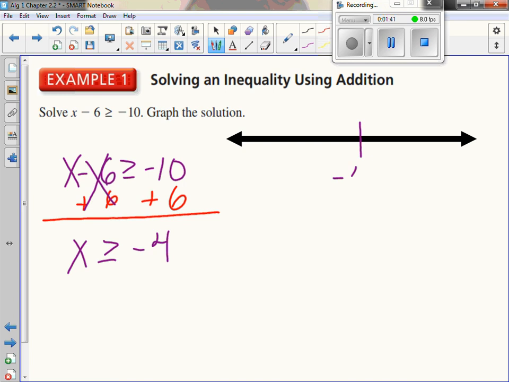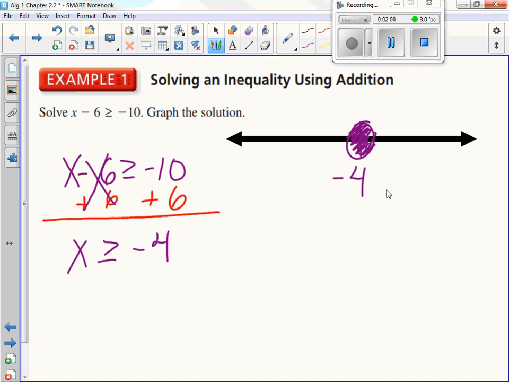Now to graph it, we find where x is negative 4, and we put a circle. Now will it be open or closed? It'll be closed. Now will we shade to the left or to the right? So what is it saying? X is, which one's bigger, x or negative 4?